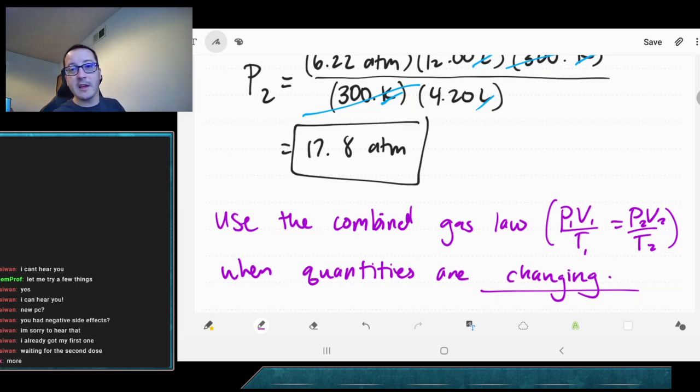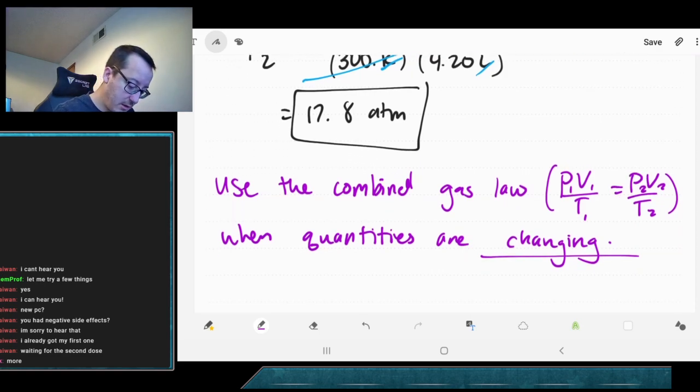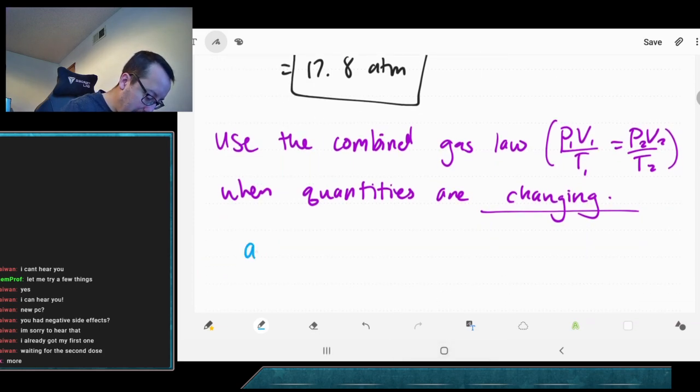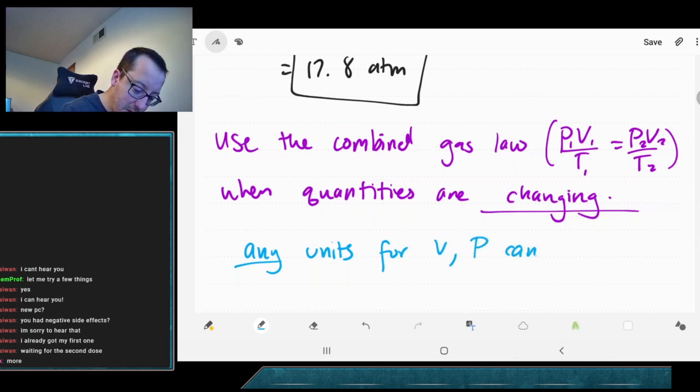All right, there are some cool things you can do with this equation. First thing is, because we don't actually have R in this equation, you can use any units you want. Any units for volume and pressure can be used, but they need to be the same unit on both sides.